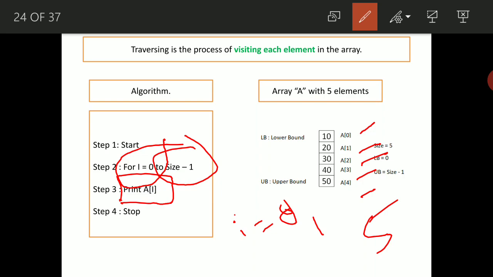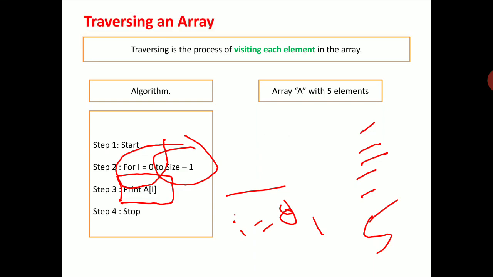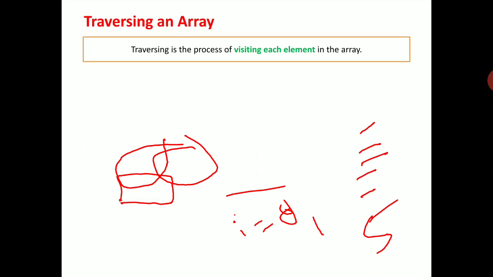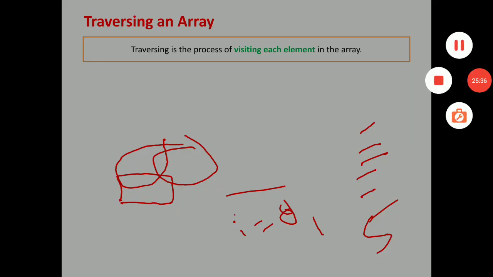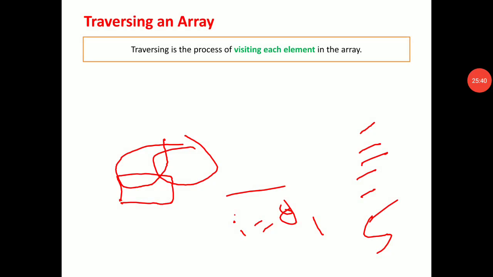So this process is called traversing an array. Okay, thank you. Today we are going to have this much only. In the next class, we are going to discuss insertion, which is a very important concept.